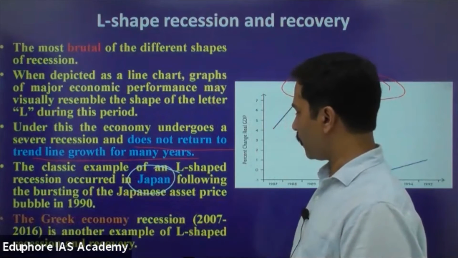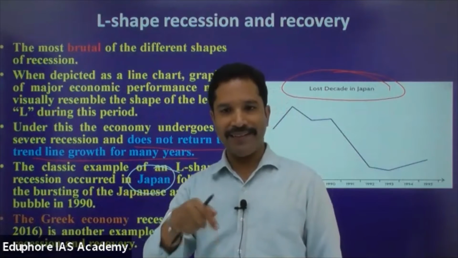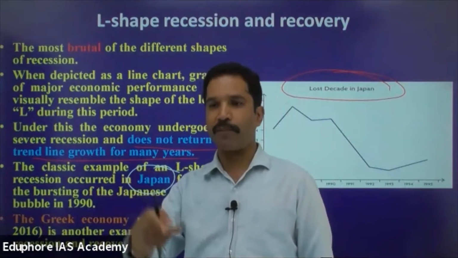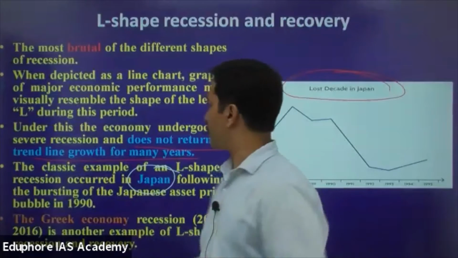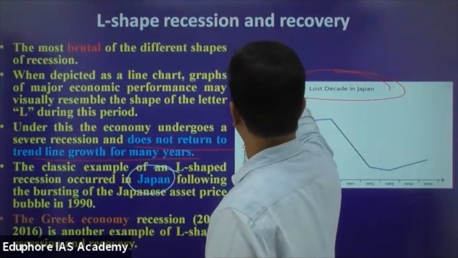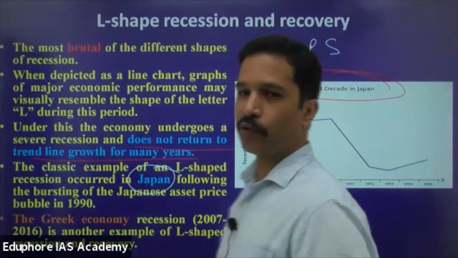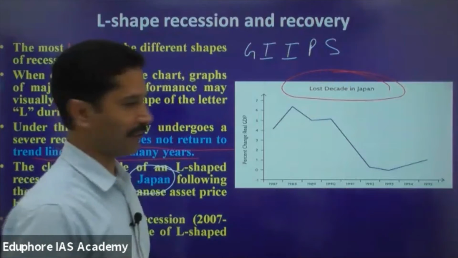The Greek economy recession 2007-16, because ग्रीस में जब आया था ये, जिसको हम जिप्स क्राइसिस कहते हैं, जिप्स क्राइसिस क्या थे? ग्रीस, इटली, आयरलैंड, पोर्टुगल, स्पेन, इनको जिप्स नेशंस कहा जाता है.